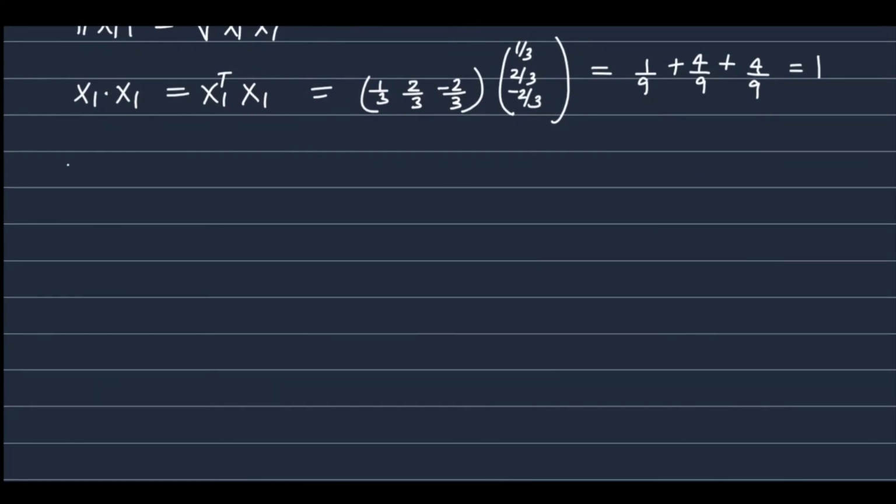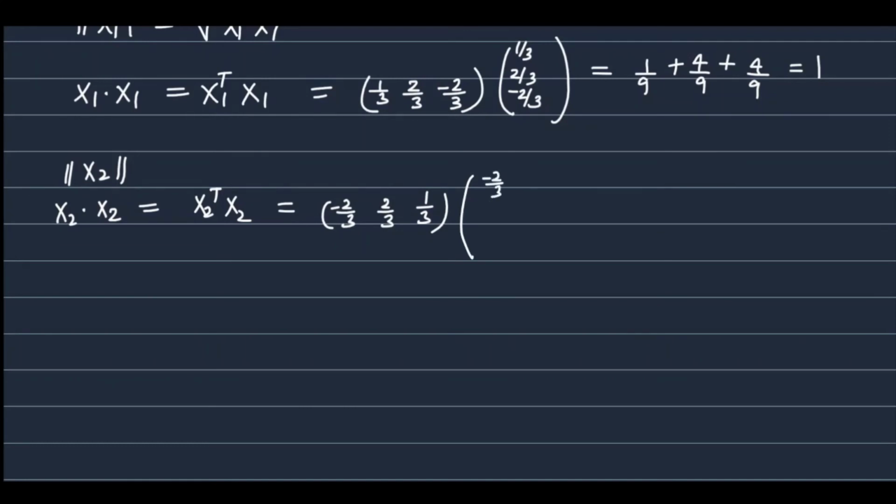Similarly, we will check the norm of x2. So we have to do x2 dot x2, which is nothing but x2 transpose x2. So it will be minus 2 by 3, 2 by 3, 1 by 3, times minus 2 by 3, 2 by 3, 1 by 3.